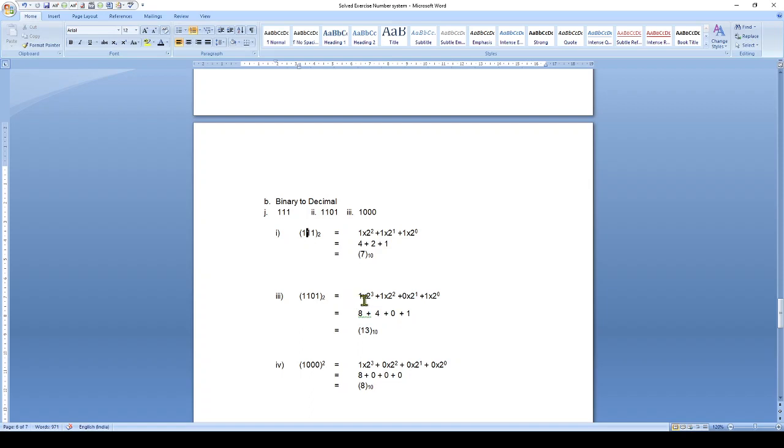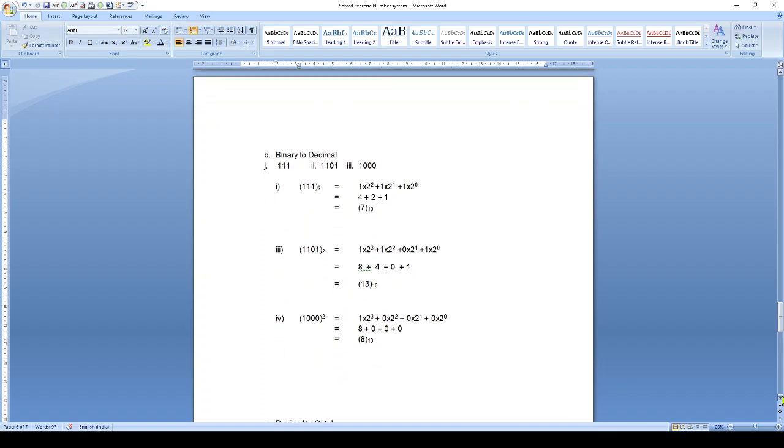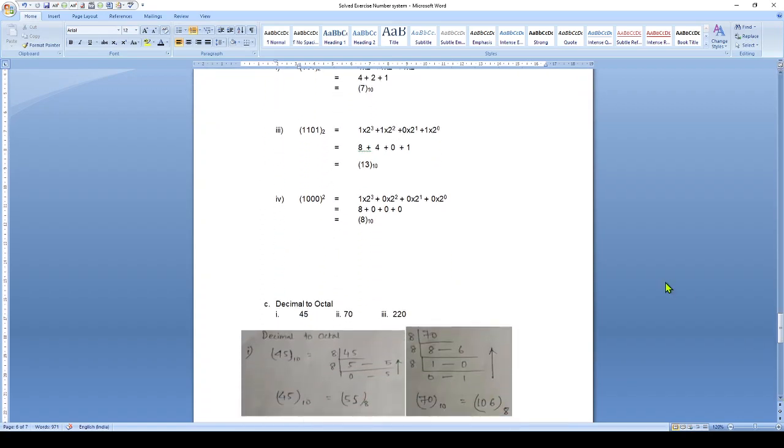So for 2 to the power 3, 2 to the power 2 and 2 to the power 0, we will write 8 plus 4 plus 1 equal to 13 in decimal. So again I am telling, don't forget to write the base.